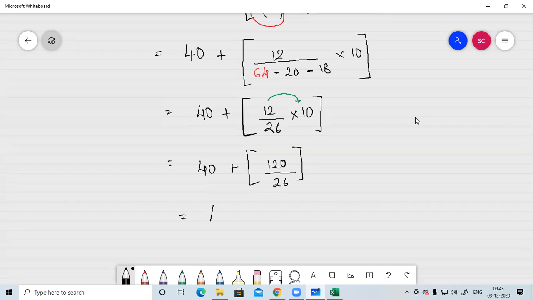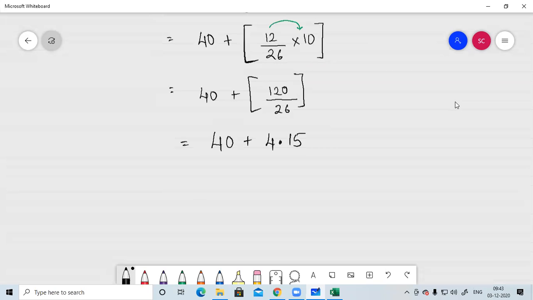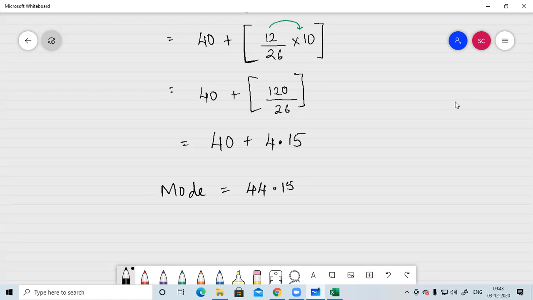So you get 40 plus 4.15. So your mode will equal 44.15. Is this understood, children? Yes? Can someone give me a response, please? Yes, sir. Okay.